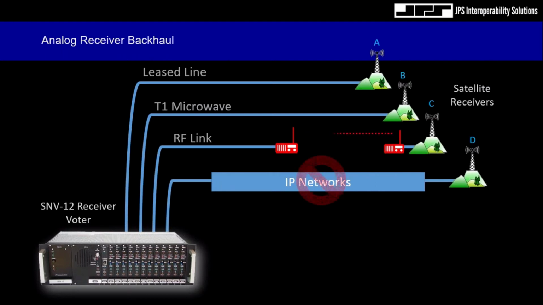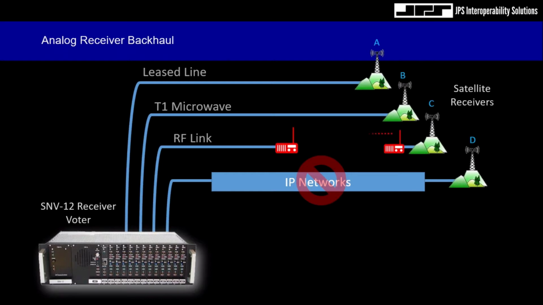Since the advent of the NXU2 back in 2000, there have been clever people using JPS RoIP to deliver radio communications over digital networks, and to this day, it's a very common technique. The technology is reliable and cost-effective, especially when using JPS products, obviously, but end users have also used NXUs to backhaul receive audio from remote receiver sites to the SNV12 voter, which has mixed results.